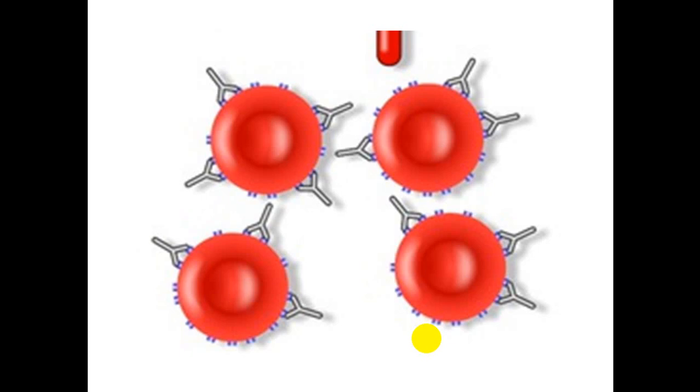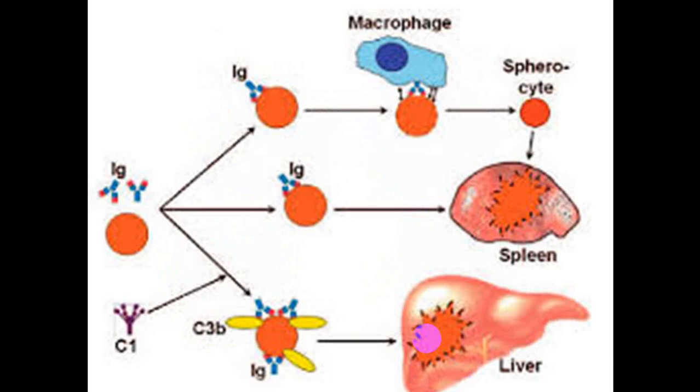The autoantibody has a variable region which is fixed to the red blood cells, and an Fc portion which will be fixed to the macrophage where the Fc receptor is present. This immunoglobulin G will be fixed on the red blood cells.